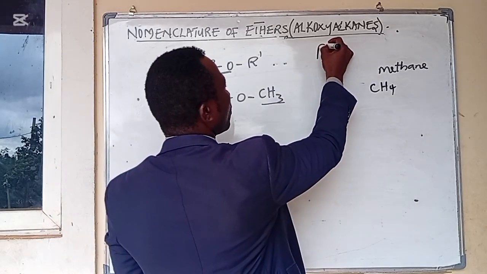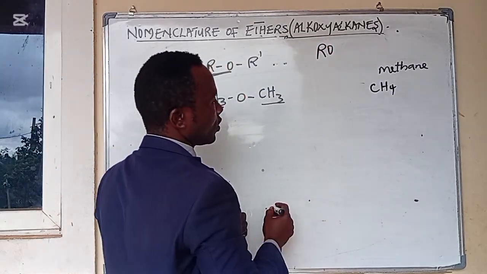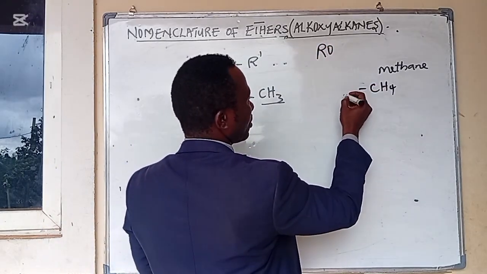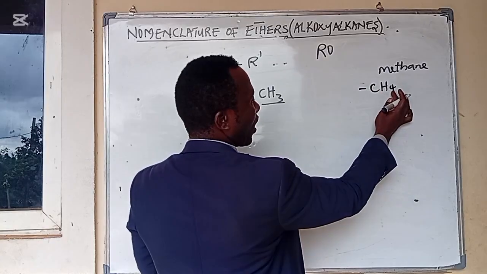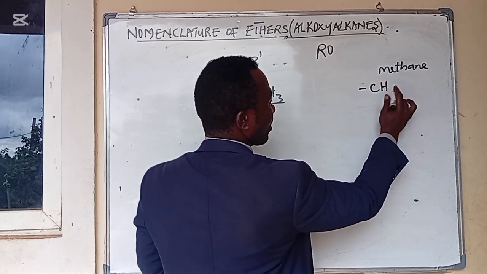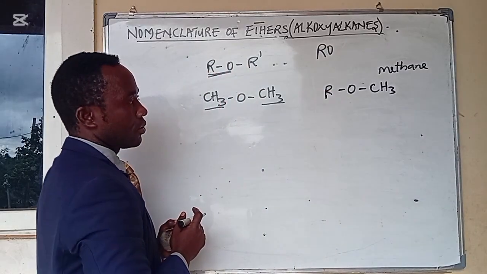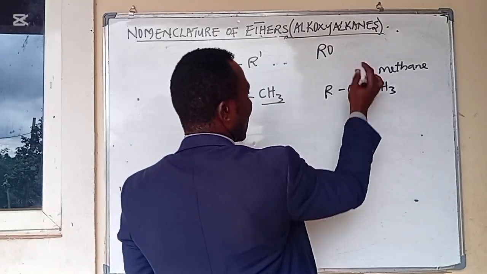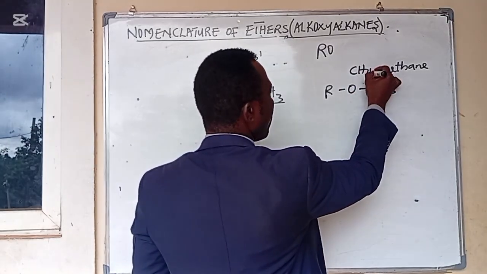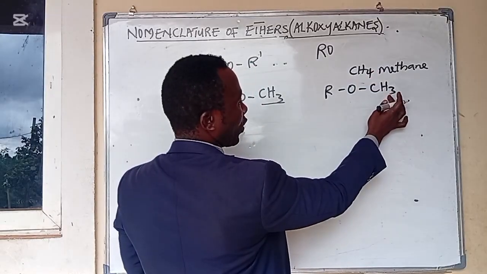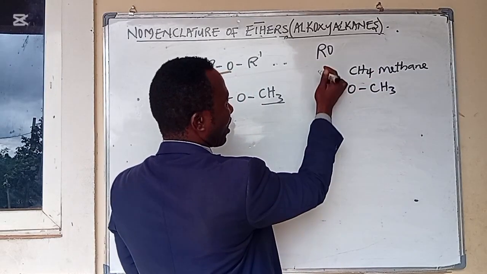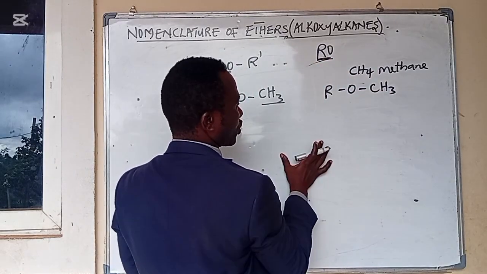Remember, alkoxy group is RO. So if we want to attach an alkoxy group to this, one of the hydrogens will go, so that we'll have CH3, then we'll have O and R. So you can see that this compound is obtained from methane. Methane loses one of the hydrogens, so that the alkoxy group is attached to it.